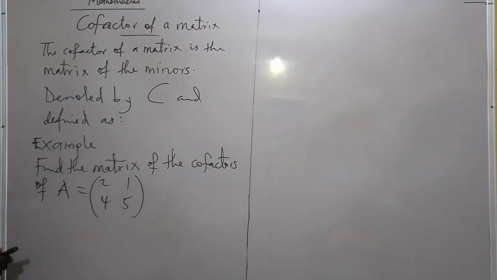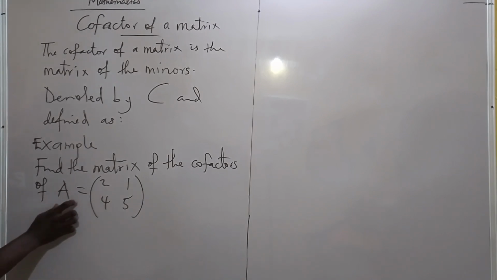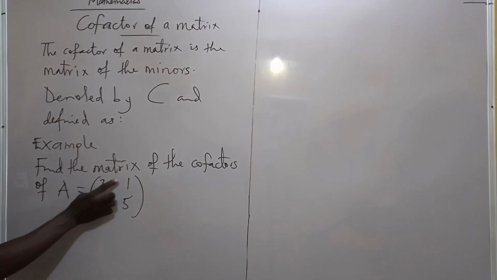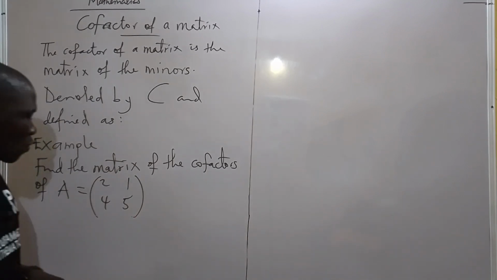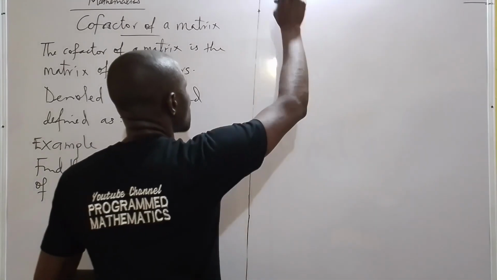So let's take a 2 by 2 matrix here. The same way you calculate the cofactor of a 2 by 2 matrix, you do that of a 3 by 3 or 4 by 4 square matrix. So we are given the matrix A with the elements 2, 1, 4, 5, and we need to obtain the cofactors of matrix A.